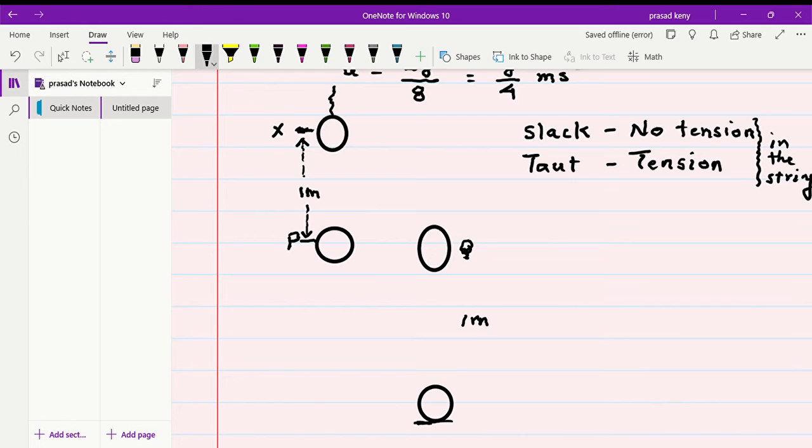That means here for particle P, the upward force will be 0 newtons because now there is no tension in the string. The downward force on the particle P is 3g, but keep it in mind that the particle is still traveling upwards.